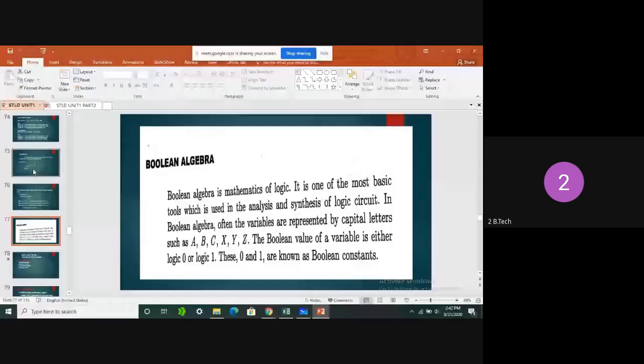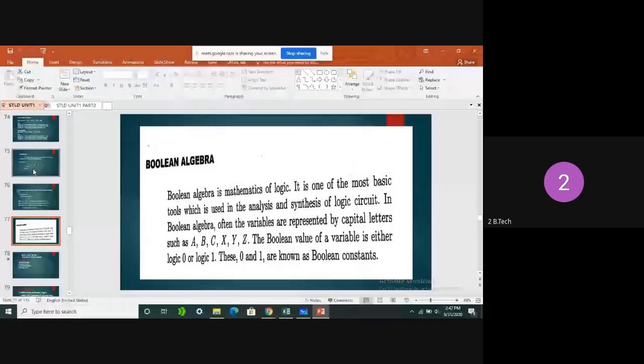The other techniques we can see later. Now Boolean algebra. Already I told you Boolean algebra is the mathematics of logic. It is one of the most basic tools used to analyze and synthesize logic circuits. In Boolean algebra, variables are often represented with capital letters.